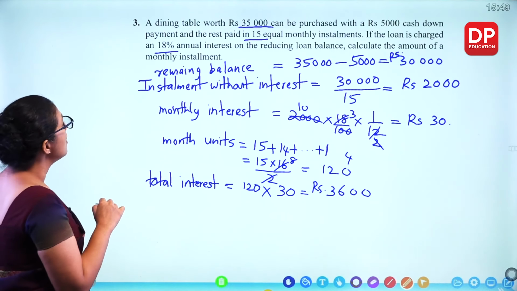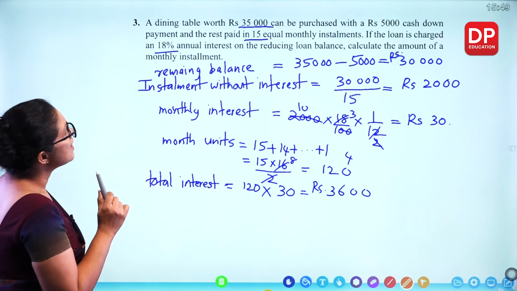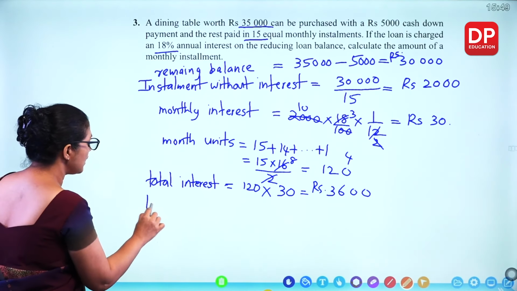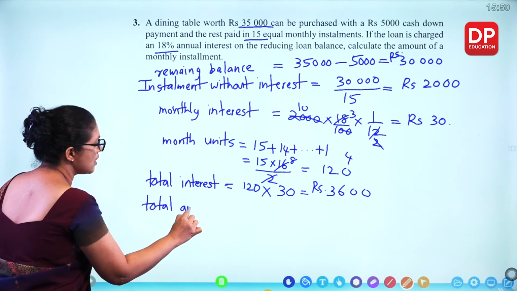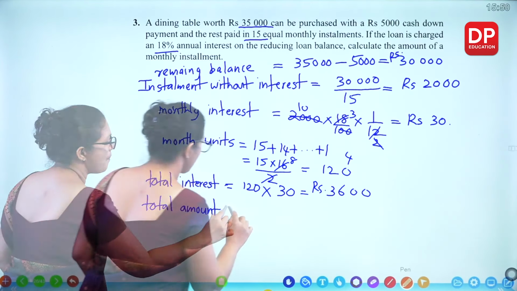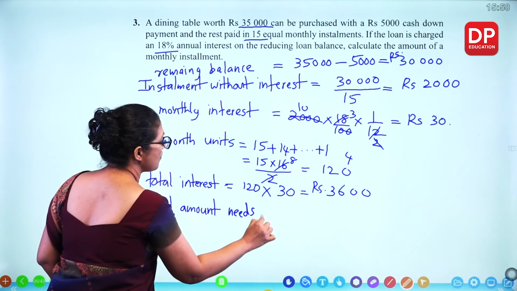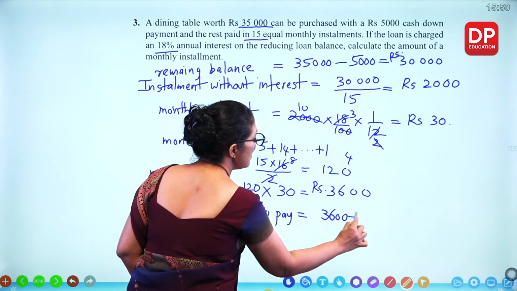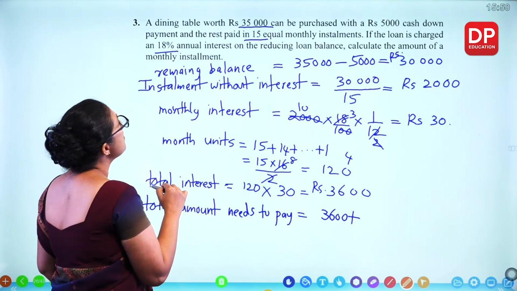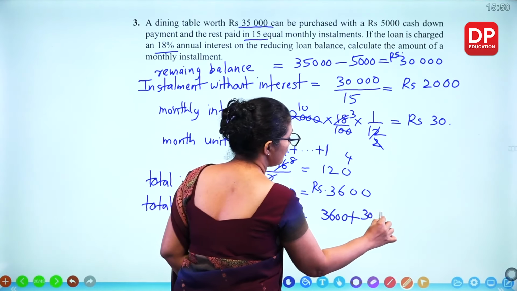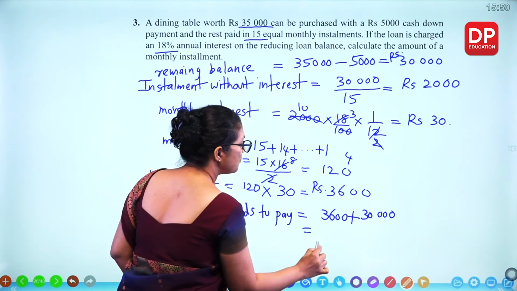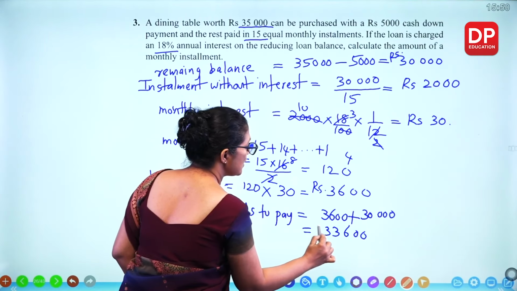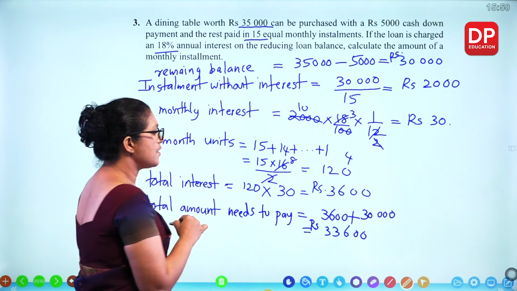And you can find out the amount of monthly installment. So you can find out the total amount needs to pay. The interest is 3,600 and the remaining balance is 30,000. So altogether 33,600 rupees.